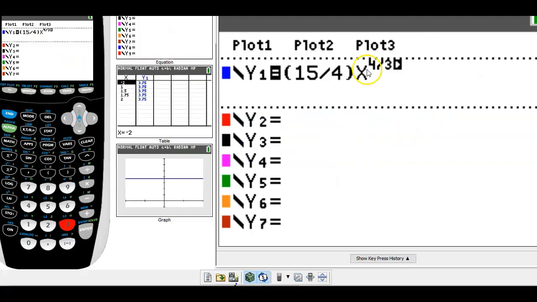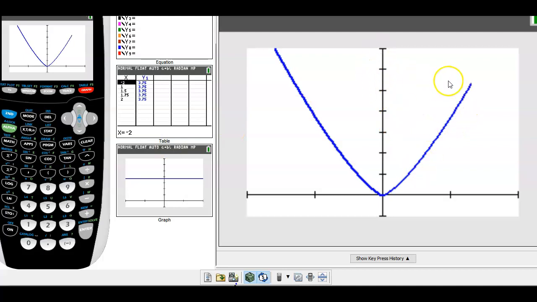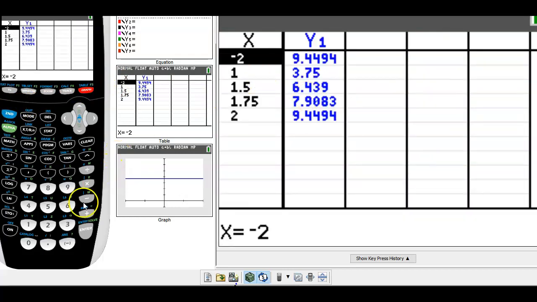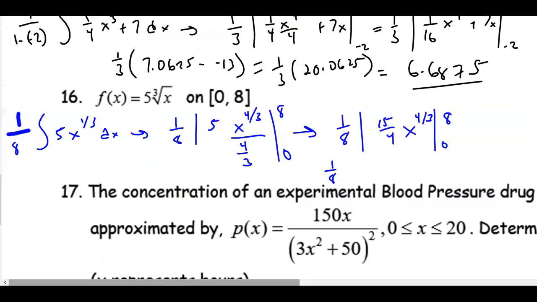So now I just need to evaluate that right here. I'm going to throw that in the calculator. All right, so 15 over 4 x to the 4/3. I'm going to graph that. It looks like the tip of a football. Anyway, go to my table here. 0 to 8. So 0 and 60.